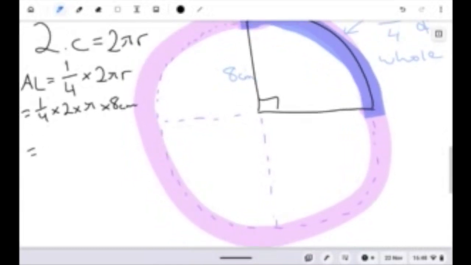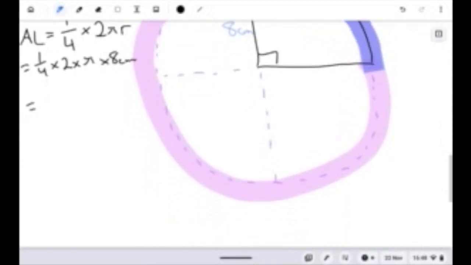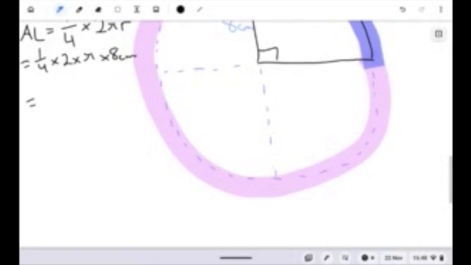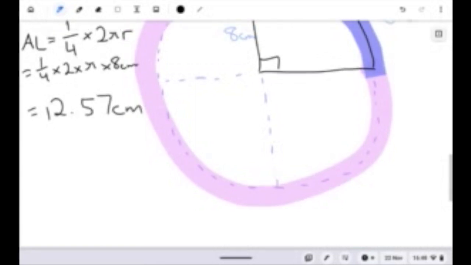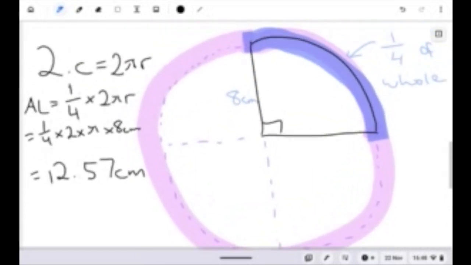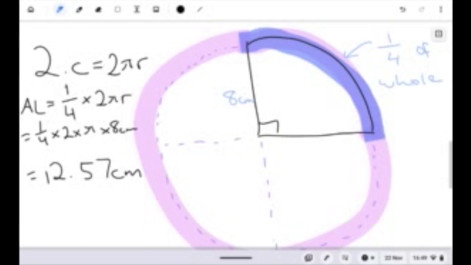What do I get left with? Let's pop that into my calculator. If I times a quarter by 2 by pi by 8, doing this to 2 decimal places, that gives me 12.57 centimeters.